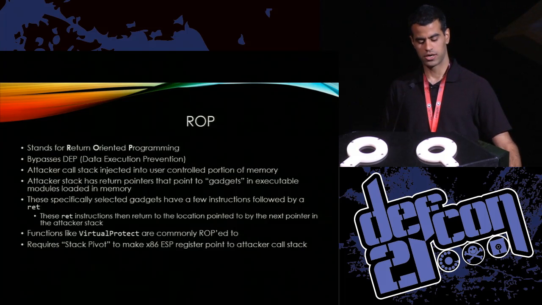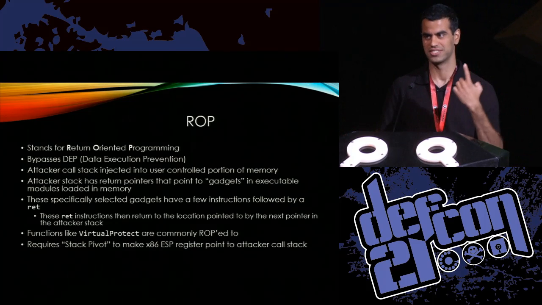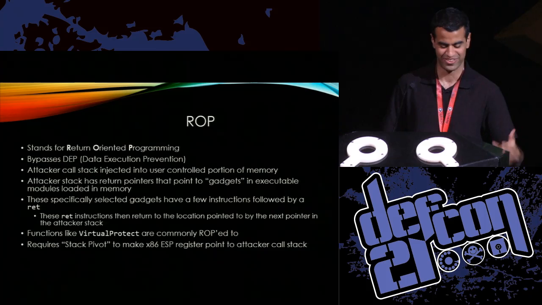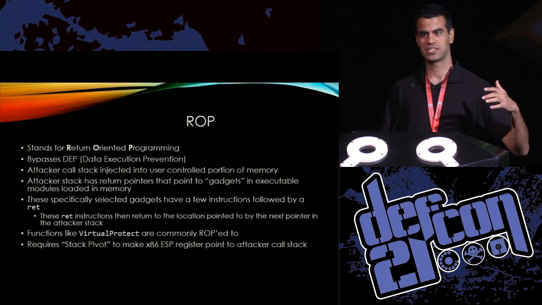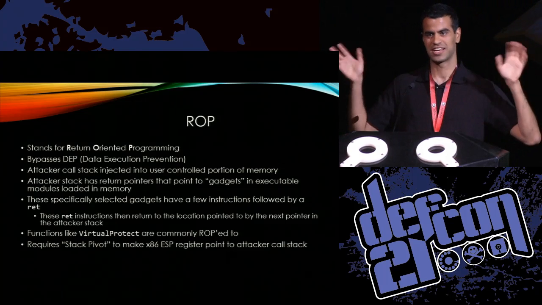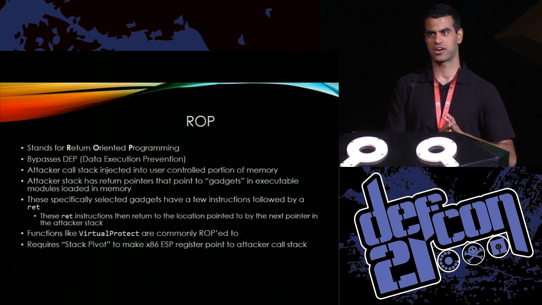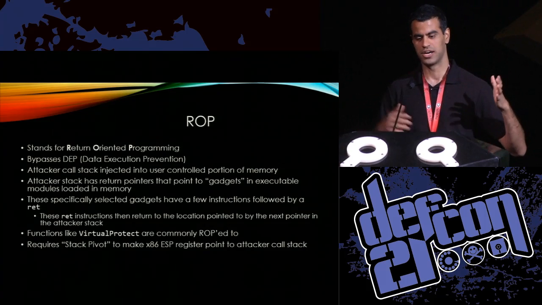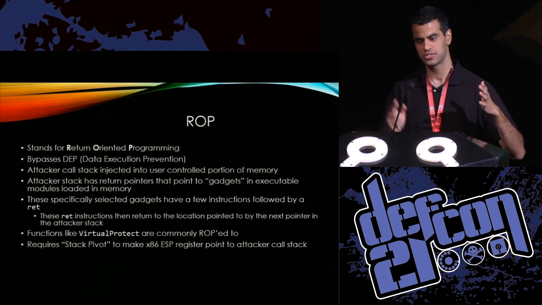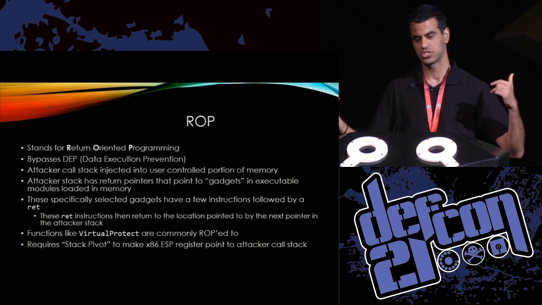So our ROP mitigation. I'm basically going to try to explain ROP in one slide, so we'll see if it works. It stands for Return Oriented Programming, and it's basically the shiny technique for bypassing DEP. What happens is the attacker injects an attacker-controlled call stack, and as you all know, a call stack has return pointers to where the execution is supposed to return after you get out of a function.